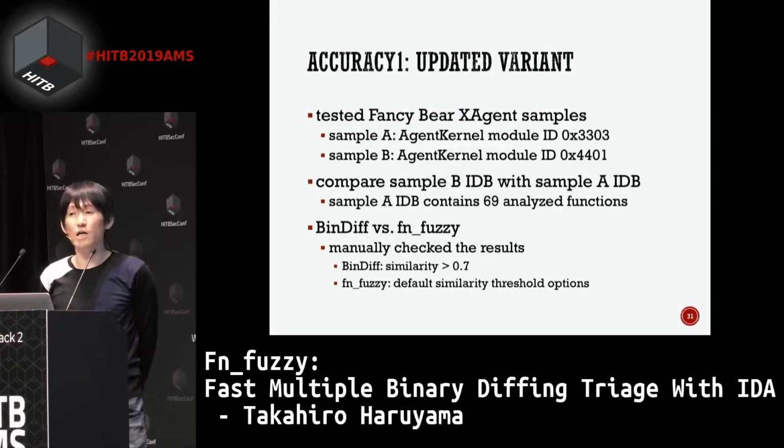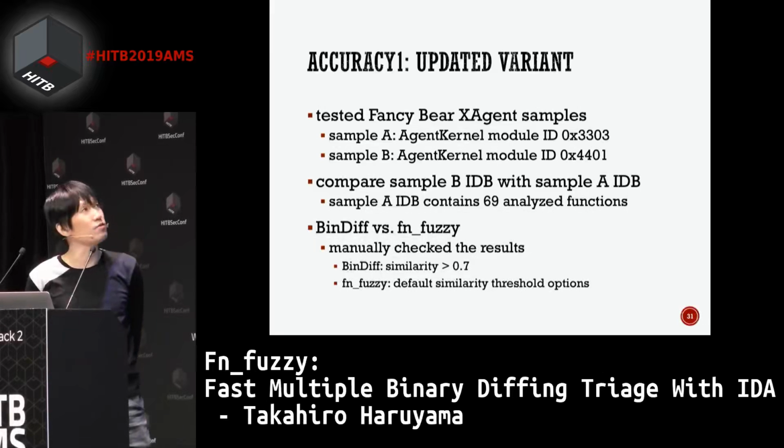About accuracy, I tested 3 cases. One is update variant. I used FancyWare X-Agent samples. Sample A is old, sample B is new. And I compared sample B with sample A. Sample A's IDB contains about 70 analyzed functions.